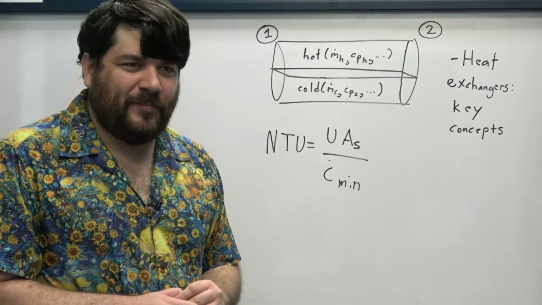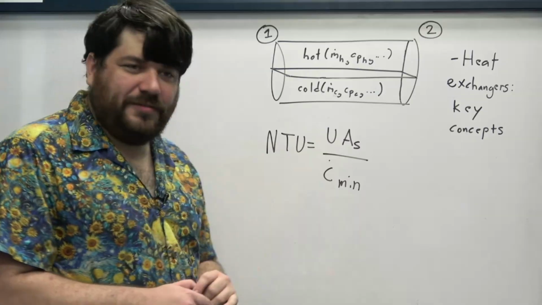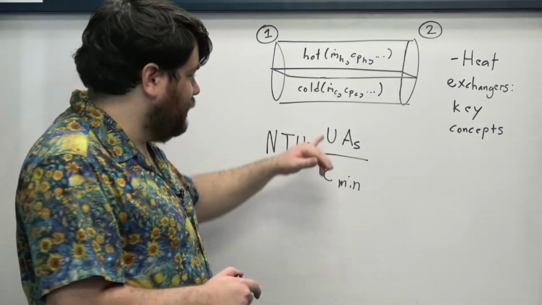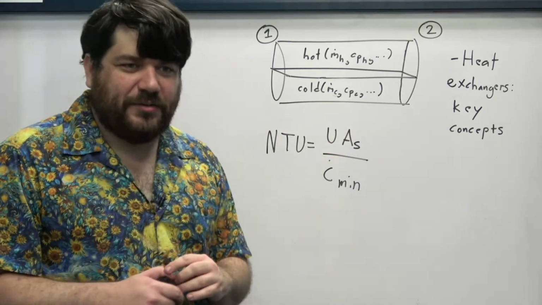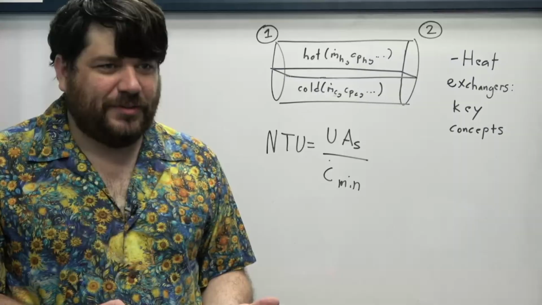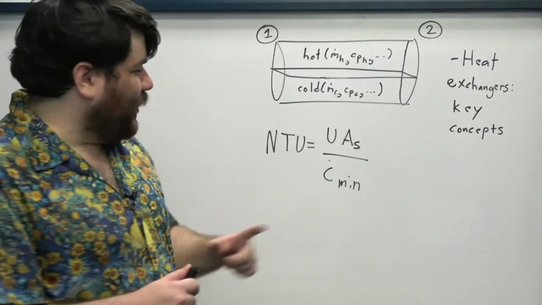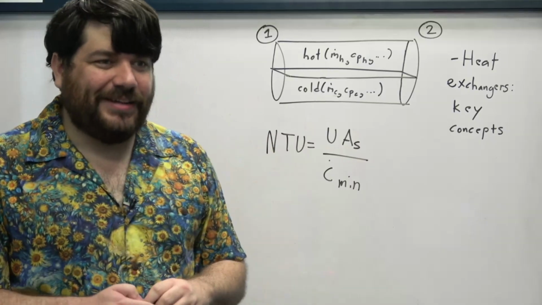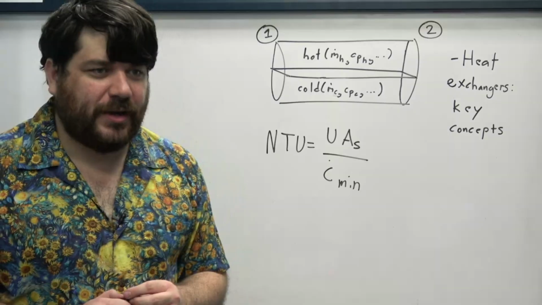Remember that U has units of watts per meter squared degree Celsius. A has units of meters squared. And the minimum heat capacity rate has the units of watts per degree Celsius or watts per Kelvin. And so ultimately this thing winds up being a dimensionless parameter, just like the effectiveness is a dimensionless parameter.